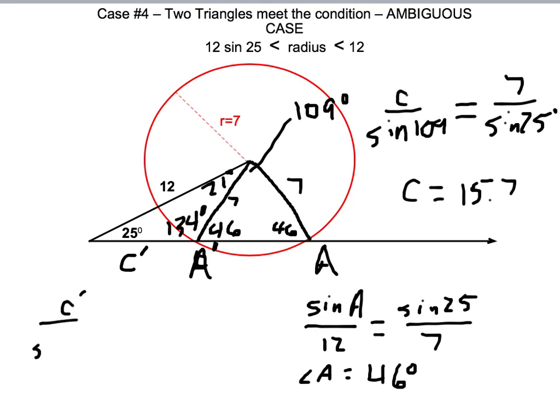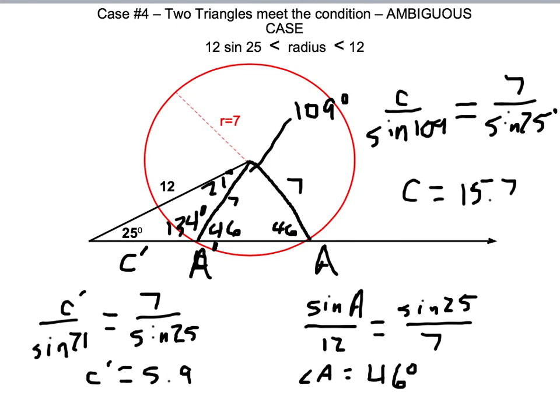C prime over the sine of 21 equals, alright, let's see, let's go back with 7 times the sine of 25. And in this case, C prime is going to be 7 sine 21 divided by the sine of 25.